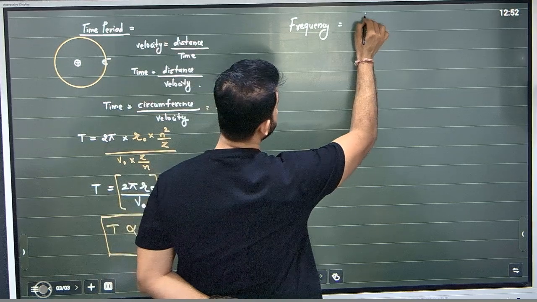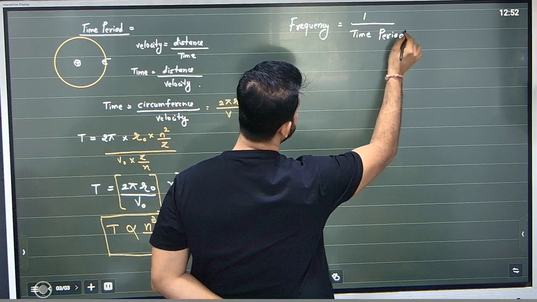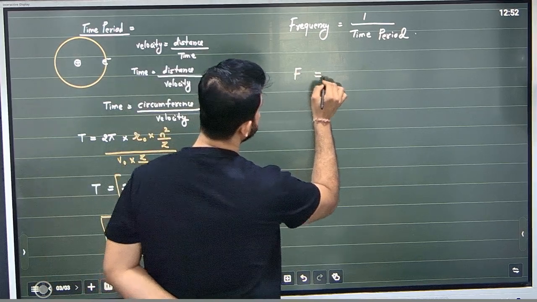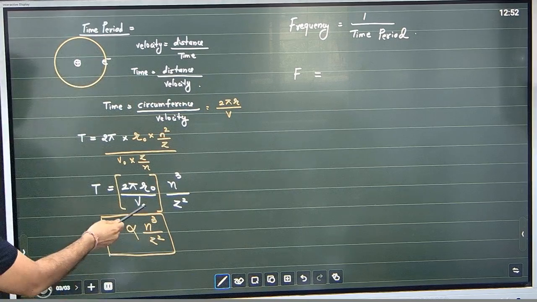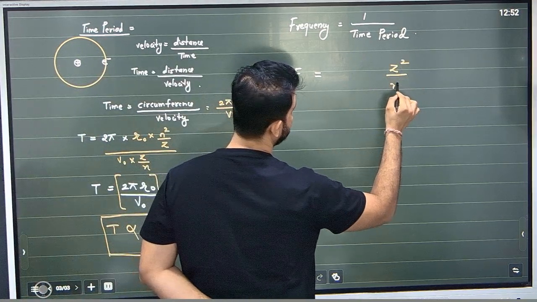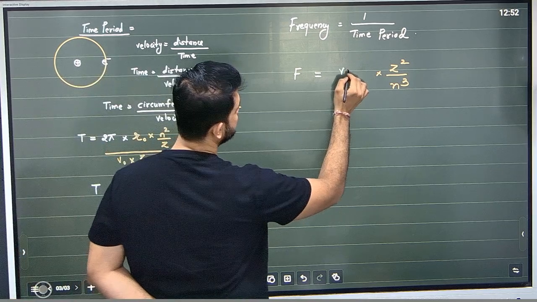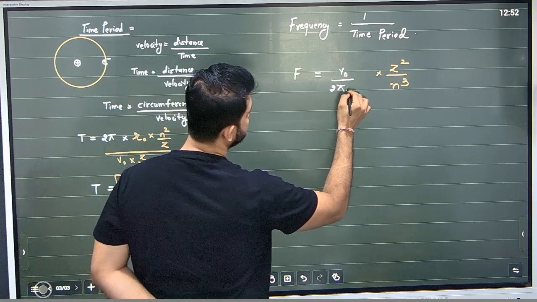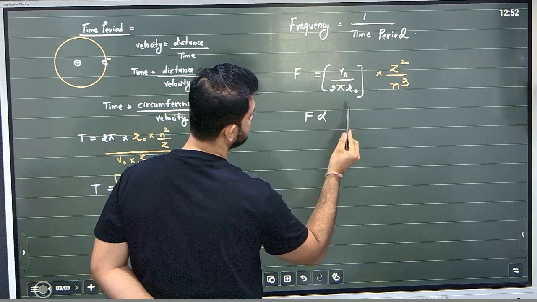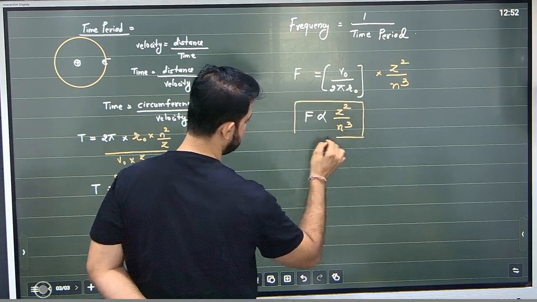Frequency is 1 over time period. So what expression will we get for frequency? The inverse of this: z squared upon n cube into v naught upon 2 pi, or we can say that frequency is directly proportional to z square upon n cube.